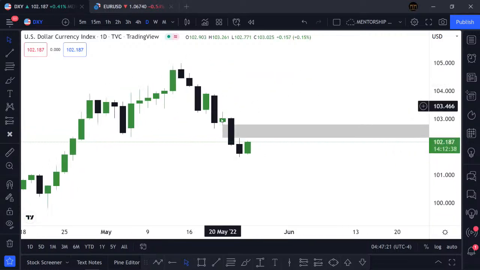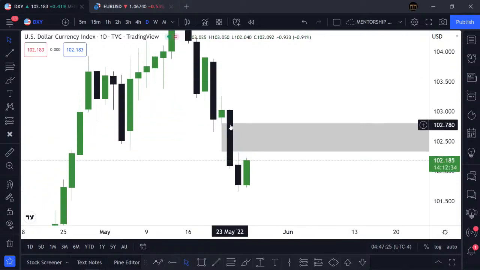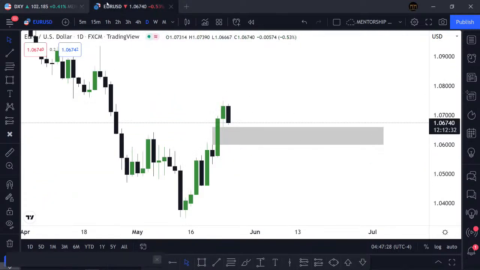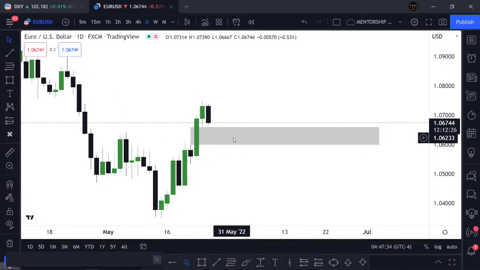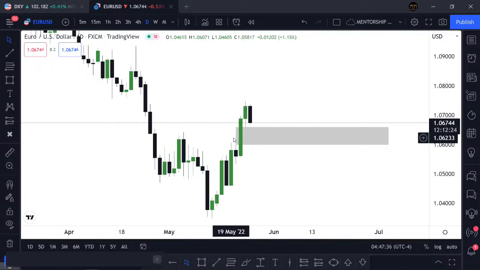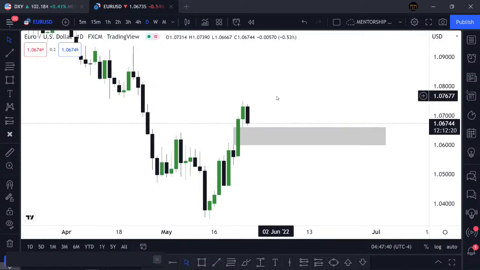So this is the daily on the dollar index. We have this imbalance here, and on the euro dollar we have this imbalance down here. So what does this mean? I'll look for opportunities to go long on the euro dollar.